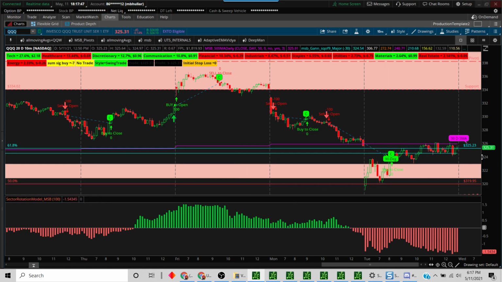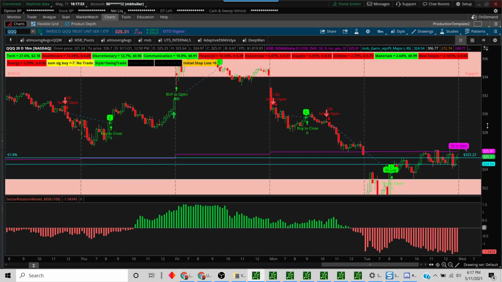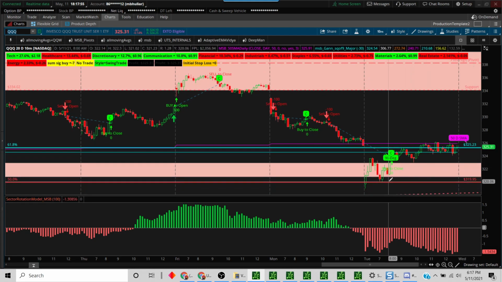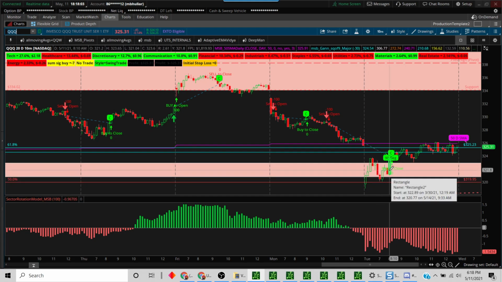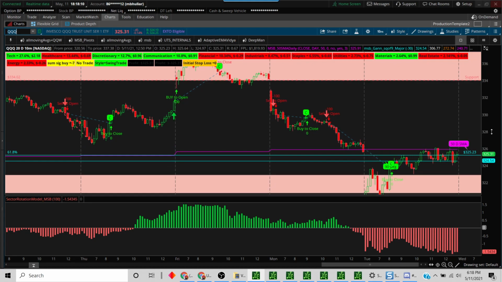So again, if we extend this a little bit, you can clearly see that once we hit the 50% retracement right here, we bounced off of that, and the market ended up moving up for most of the day, and finally closing very close to the 50 SMA daily, as well as the 61% retracement line, right?